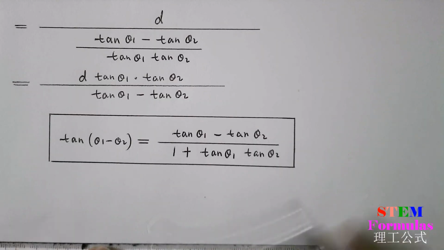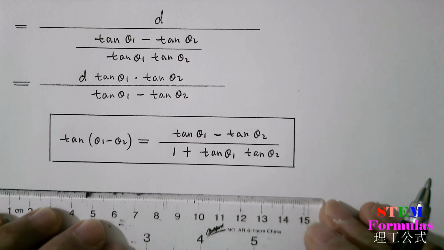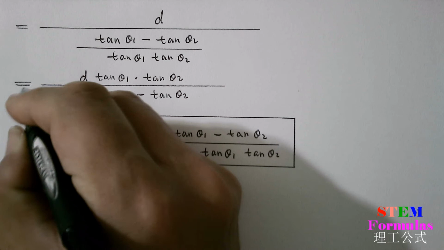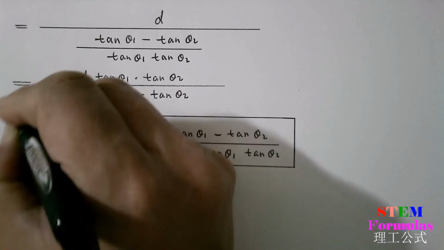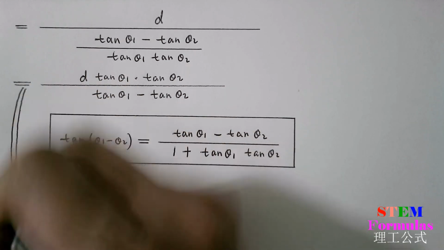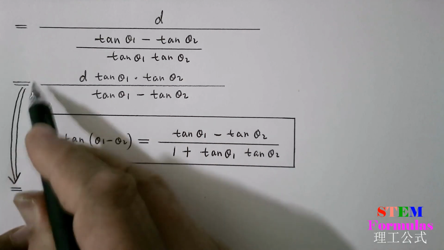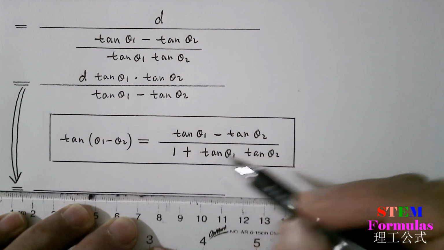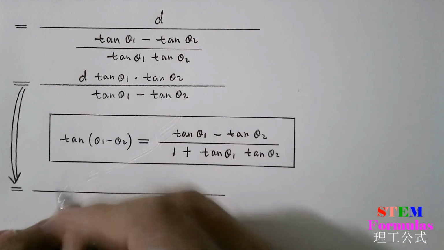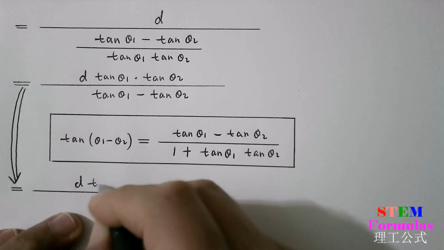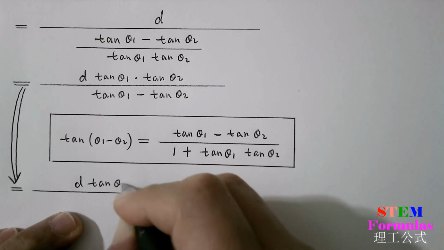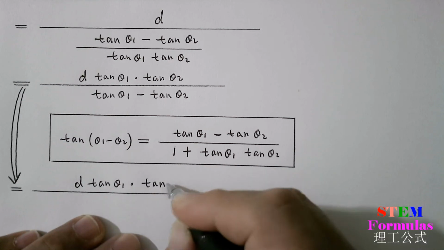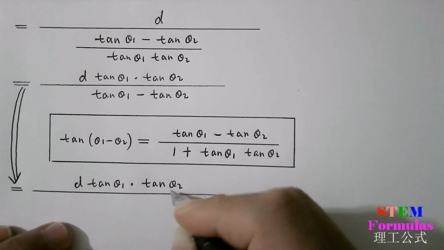So therefore, I have here: on the top the same thing, d tangent theta 1 times tangent theta 2.